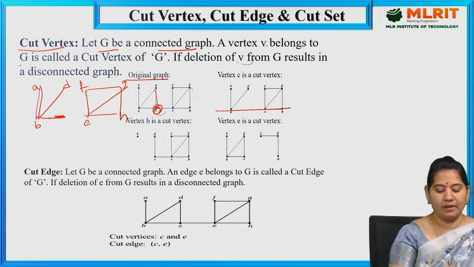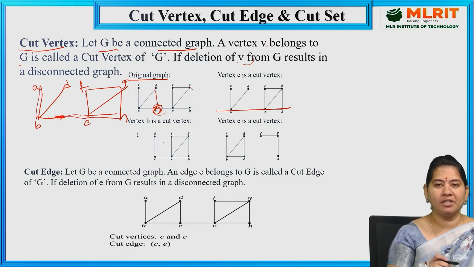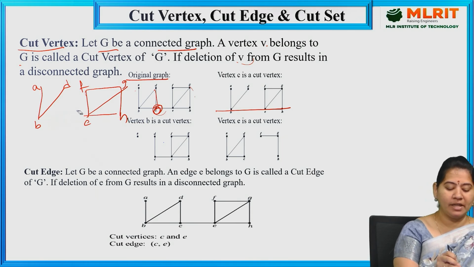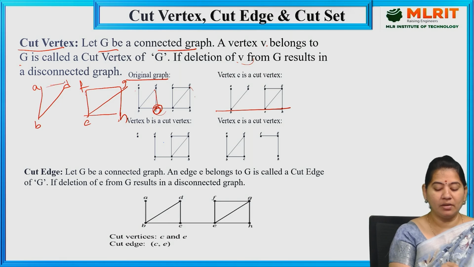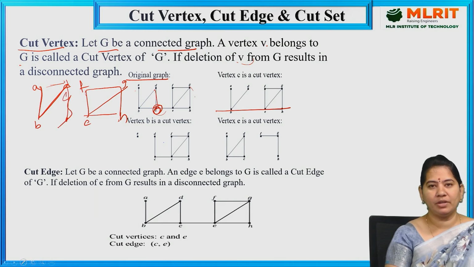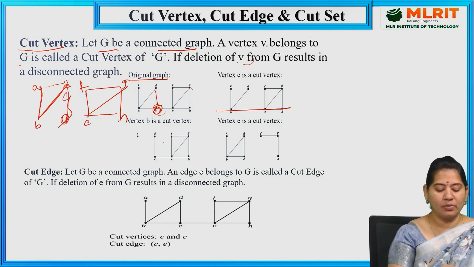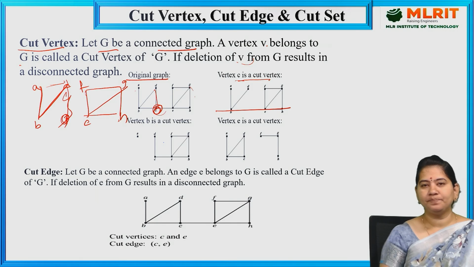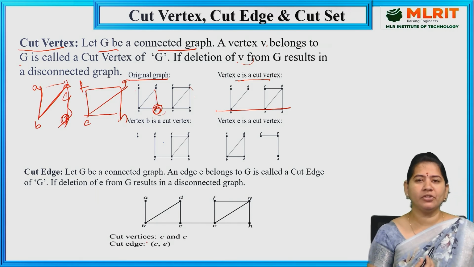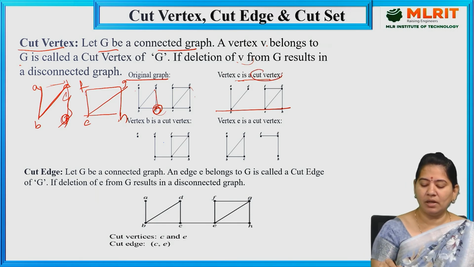From E to H it is possible, but I have removed the vertex C, so I don't have any path from vertex A to H. Even if I go from A to B, B to D, I don't have any connectivity beyond D. So because of the deletion of the vertex C, the graph becomes disconnected. That's why C is called a cut vertex.